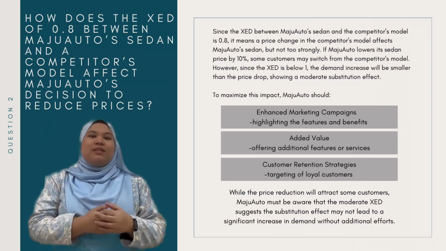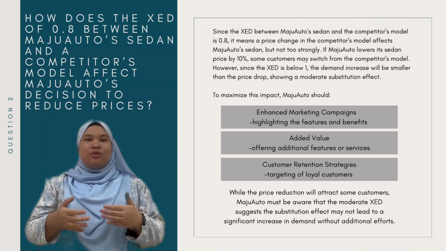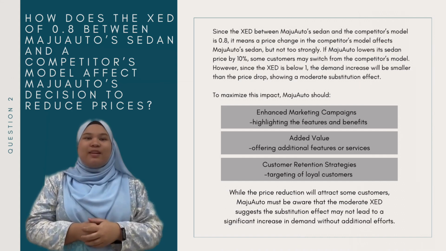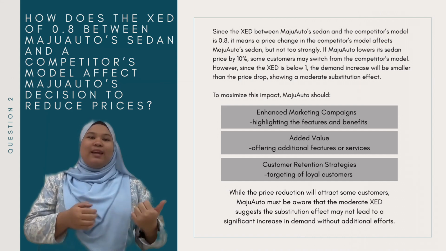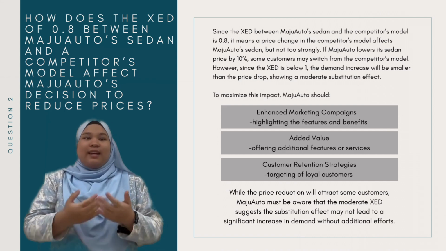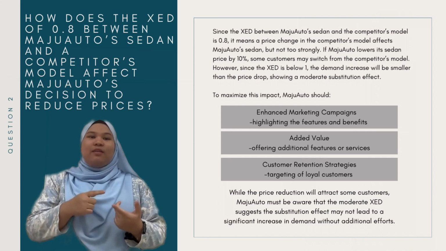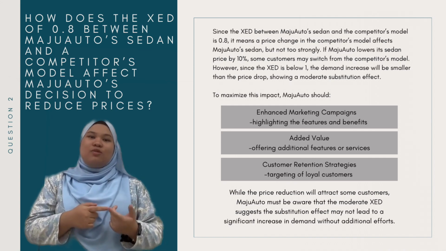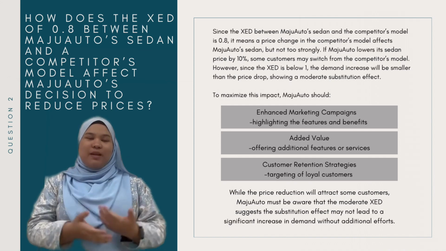To maximize this impact, Maju Auto should firstly enhance marketing campaigns to highlight key features and benefits to attract customers. Secondly, offer extra perks like free maintenance or warranties to make the sedan more appealing.